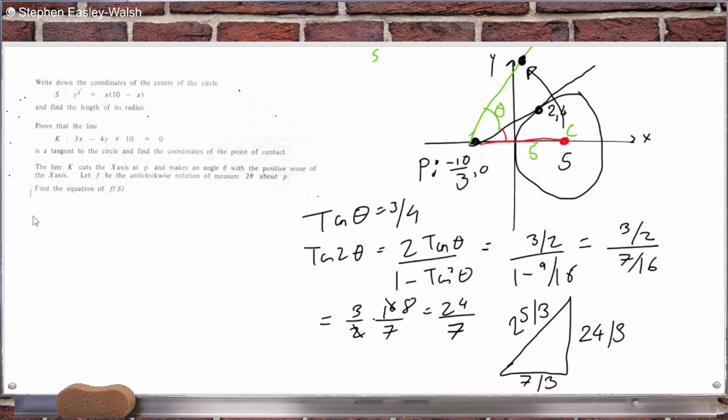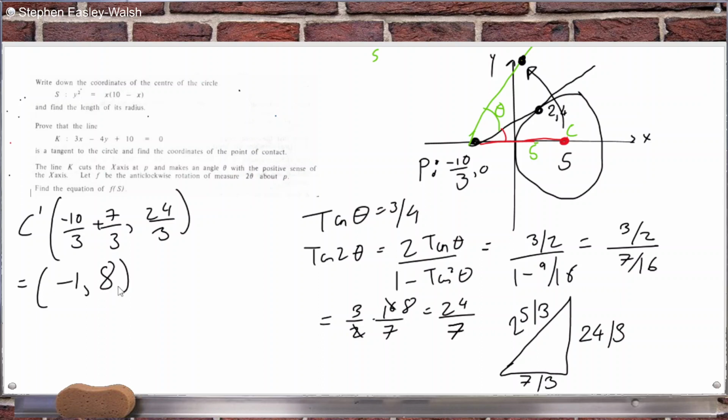So the C dash will be at minus 10 over 3 plus 7 over 3 and 24 over 3, which is equal to minus 1, isn't it? Minus 10 plus 7 is minus 3, so that's minus 1, and then 24 over 3 is 8. Well, that's really, really nice.